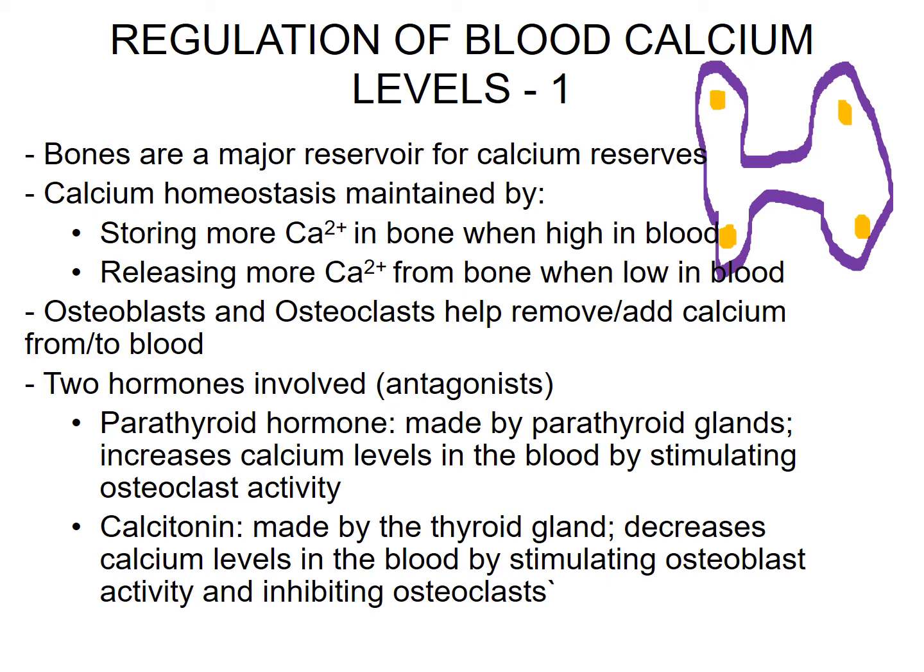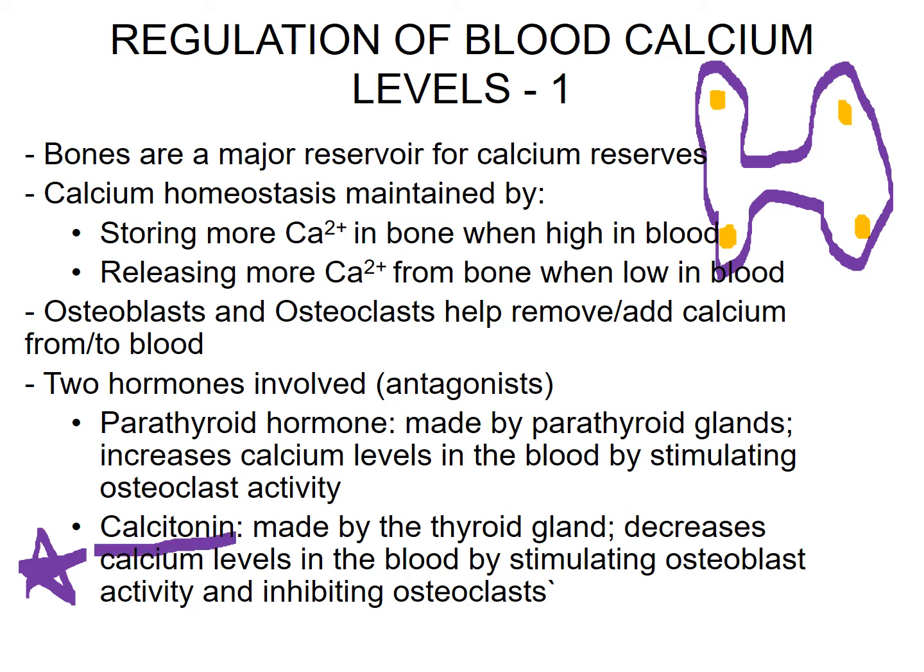The thyroid gland has specific cells called parafollicular cells, and they release a hormone that stimulates osteoblasts. So let's talk about the thyroid first. I'm going to do this in purple. The thyroid gland releases a hormone called calcitonin.